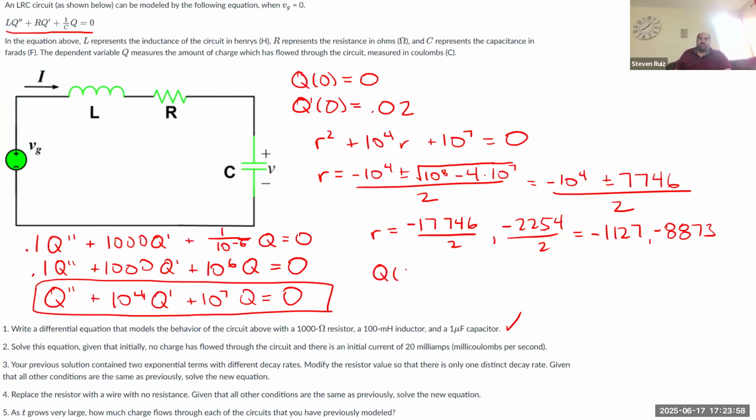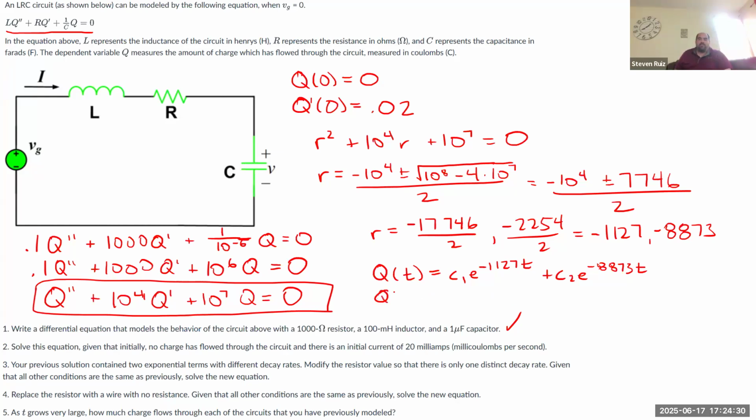This is a homogeneous equation, so the complementary solution is the only one I'm looking for: C1 e to the negative 1127t plus C2 e to the negative 8873t. Now, do I have enough information to figure out what C1 and C2 are? I do. I'm kind of running out of room, but here we go.